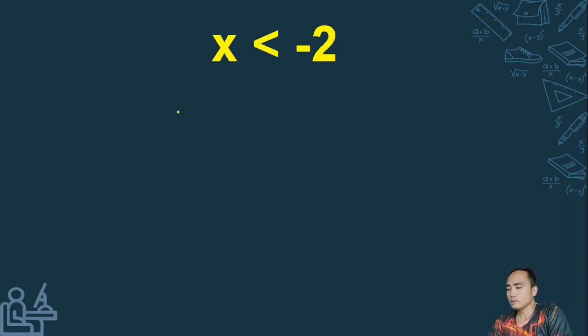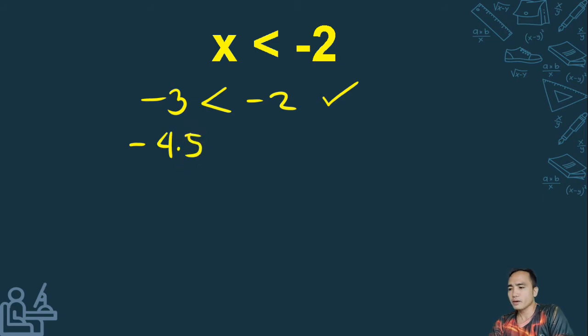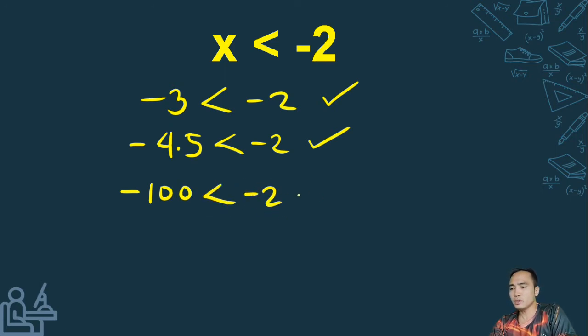If we have negative 3, so negative 3 is our x, negative 3 is less than negative 2, check. If we have negative 4.5, negative 4.5 less than negative 2 is also checked. If we have negative 100, less than negative 2, that is also checked.